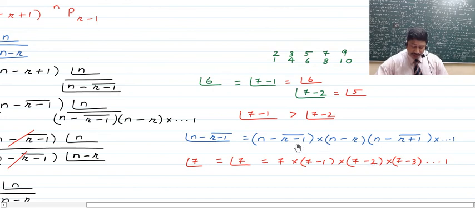So here also we add 1 to r minus 1, and r minus 1 plus 1 becomes r. So the next number becomes n minus r. Similarly, to get to the next lesser natural number, we add 1 to r, and that becomes n minus (r plus 1). I'm sure you can get the next one, n minus (r plus 2), and so on, going up to 1.